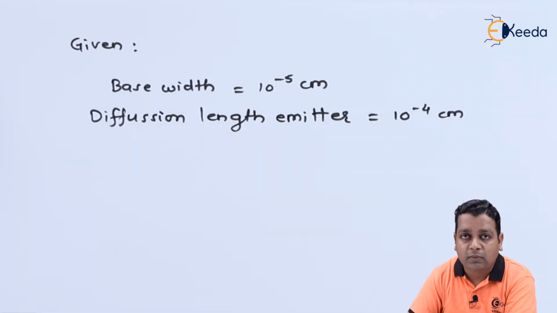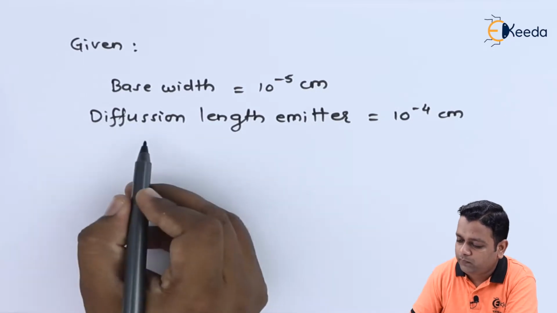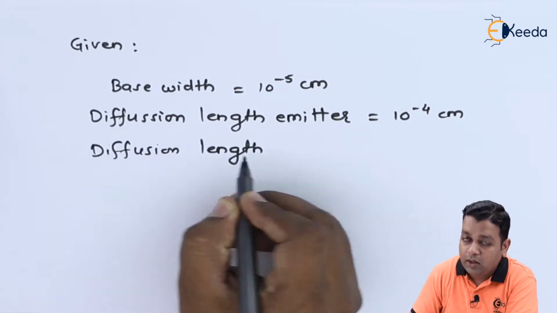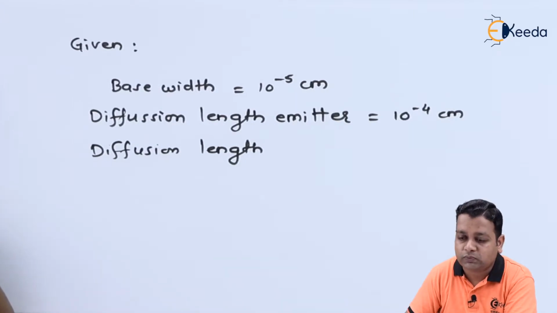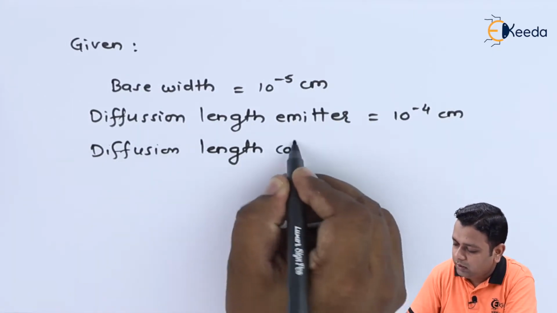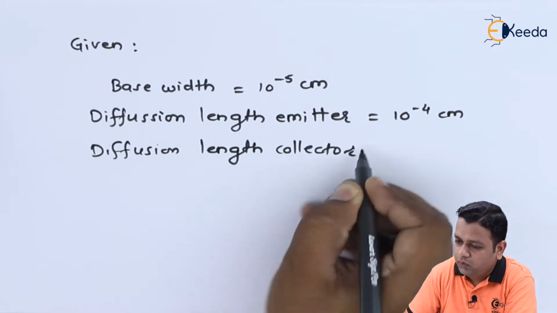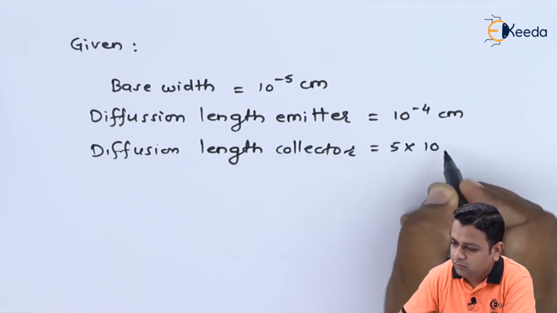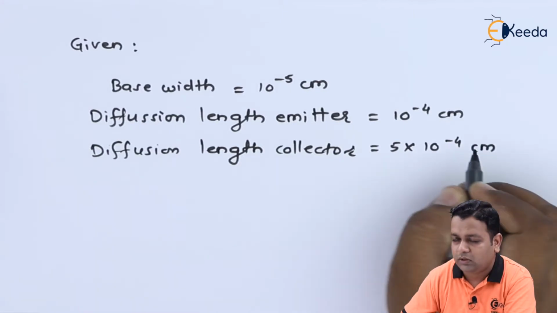Similarly, the next parameter is also the diffusion length, and this diffusion length is for the collector region. The corresponding value here we have is 5 into 10 raised to the power minus 4 centimeter.